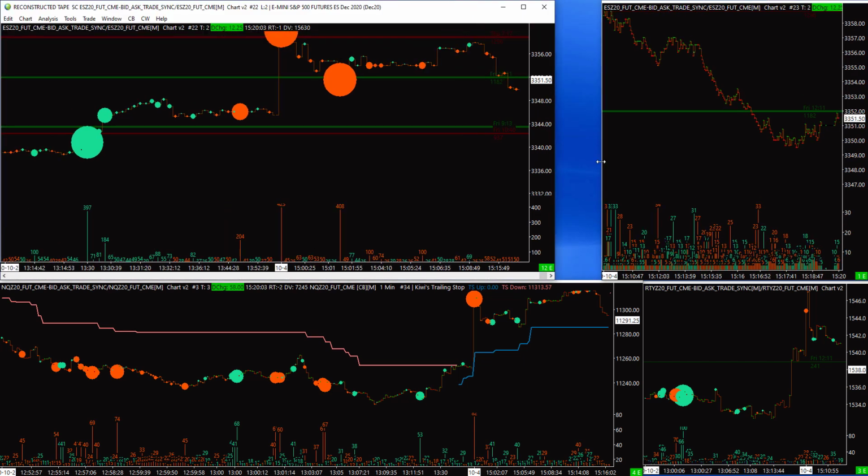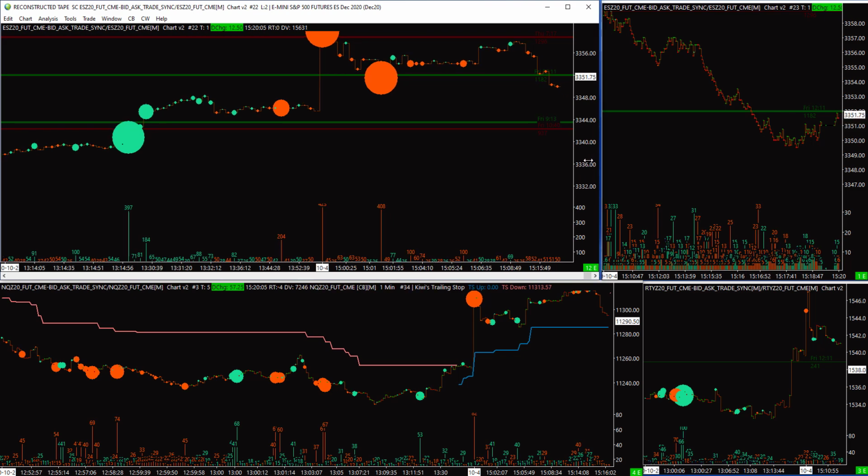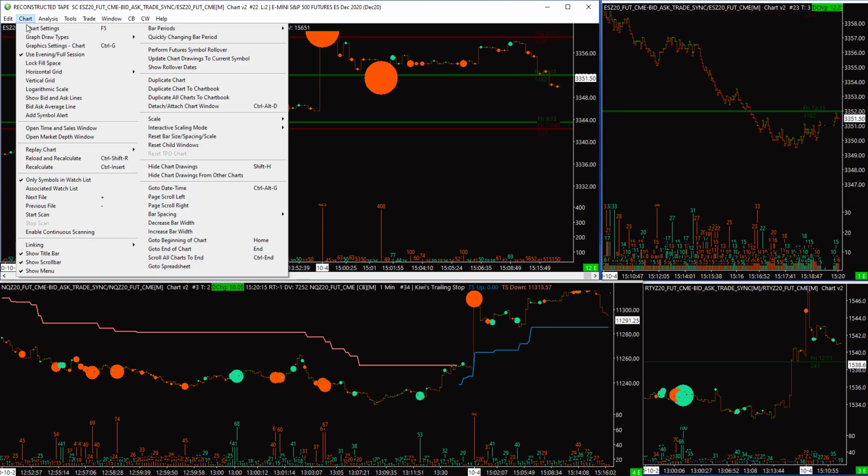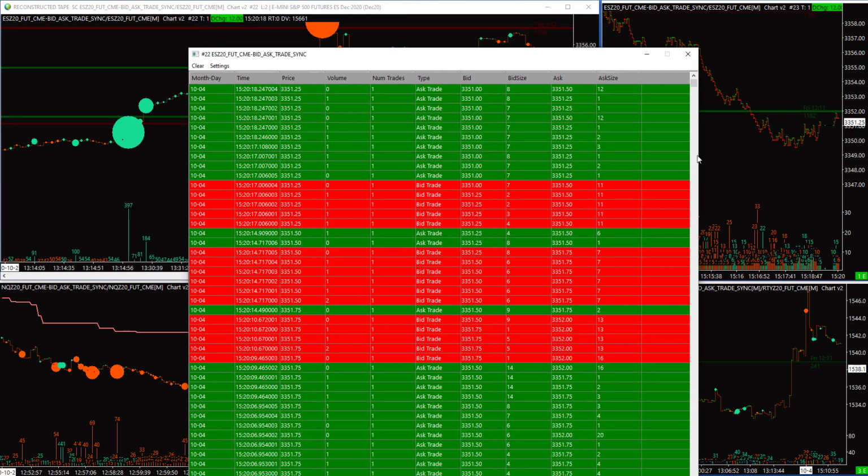And that's a nice thing about the reconstructed tape, right? You're seeing the intention of players as they're putting these orders in, because what you're going to see, and this is what Dom asked, is okay, what does it look like with the time and sales next to it?